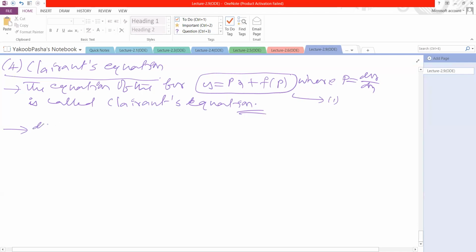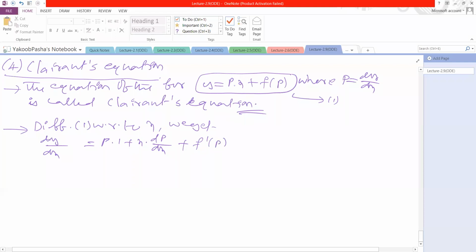I am explaining the procedure because we need to know how the singular solution comes. Differentiating equation 1 with respect to x, the left hand side is dy by dx, the right hand side by the uv formula is p into derivative of x which is 1, plus x into dp by dx, plus f dash of p into dp by dx.